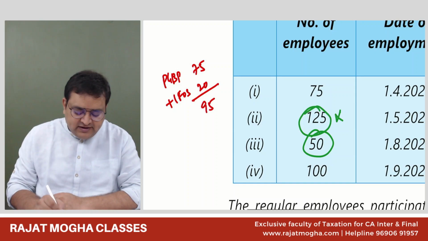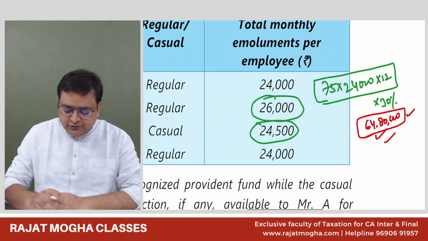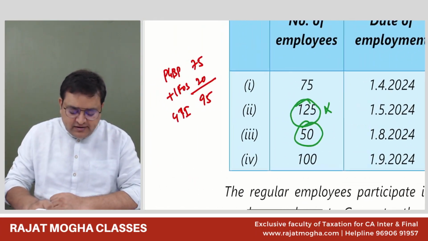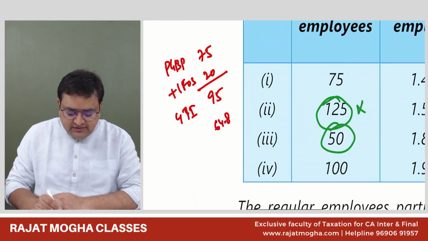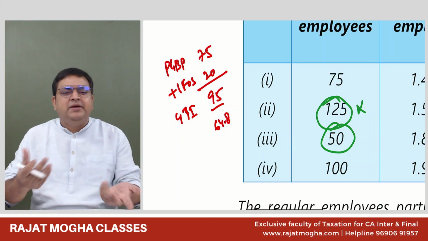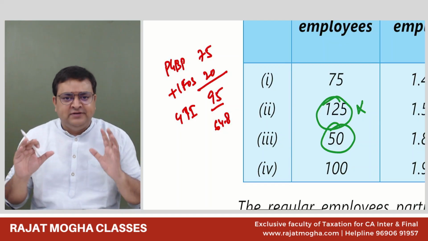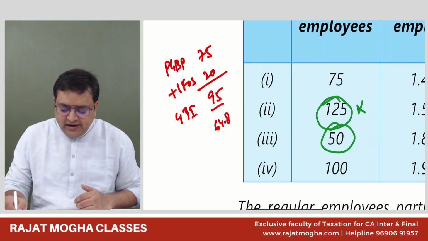The total of his GTI is 95 lakh, right? And we want to give a deduction of 64.8. So you understand that 64.8 we can easily give, because this deduction cannot be more than my GTI, specifically from my normal income. PGBP is normal income, other IFOS, it is not casual. That is also normal income. So 64.8 you can give.